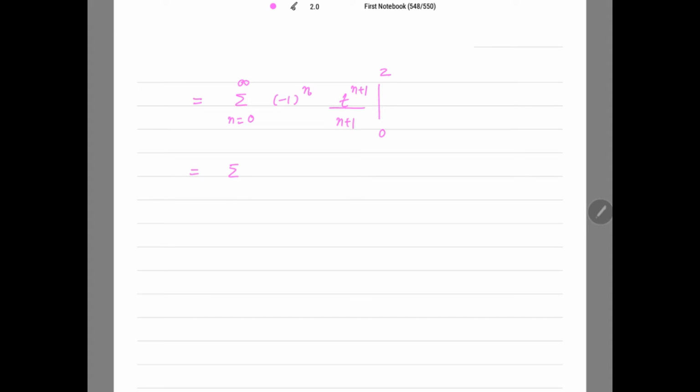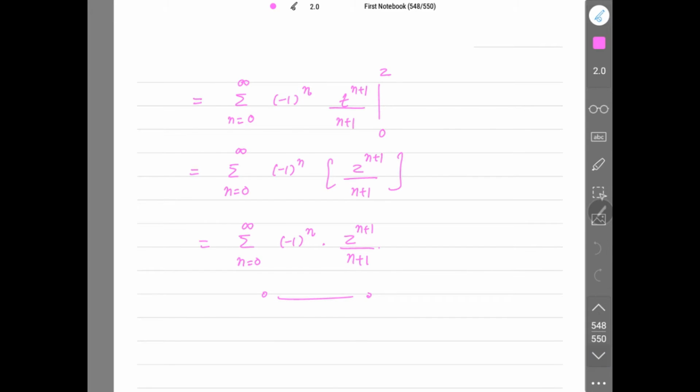So this is equal to summation n going from 0 to infinity minus 1 the power n z the power n plus 1 over n plus 1 minus 0. So we get summation n from 0 to infinity minus 1 the power n z the power n plus 1 over n plus 1. That's it. Short example, right? Okay.